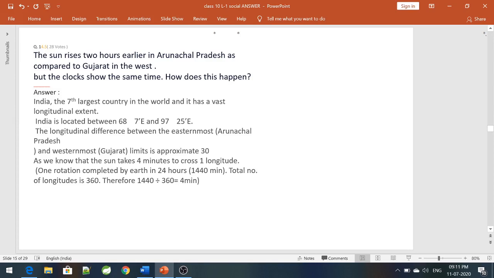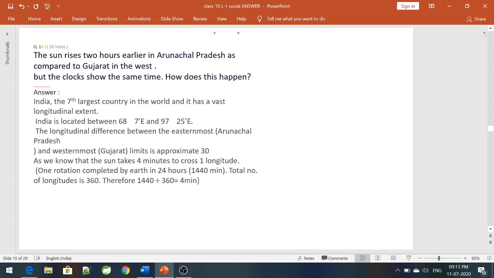India is located between 68 degrees 7 minutes east and 97 degrees 25 minutes east. The longitude difference between the easternmost Arunachal Pradesh and the westernmost Gujarat gives a time difference of 2 hours.